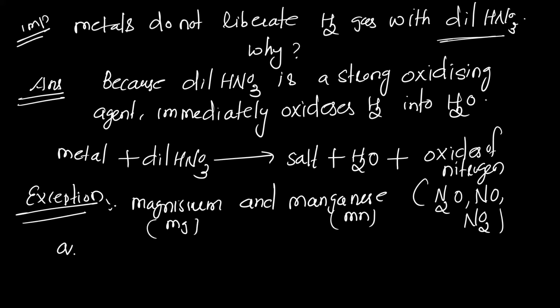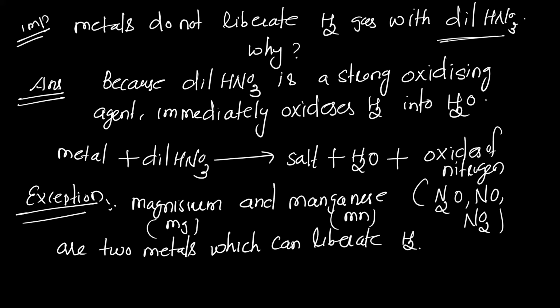Magnesium and manganese are two metals which can liberate hydrogen gas, H2 gas, from very dilute HNO3. So you have to take very dilute. If you take concentrated, you will not get it. So they can liberate hydrogen gas from very dilute HNO3.